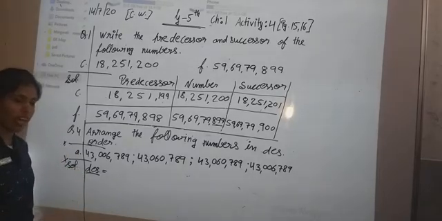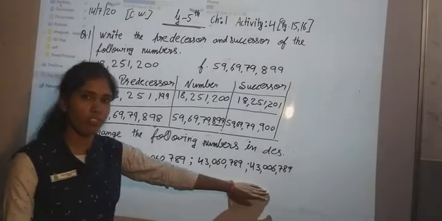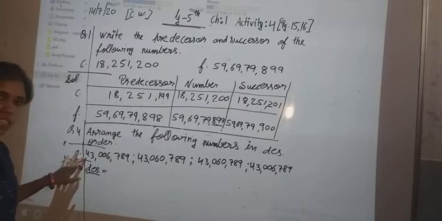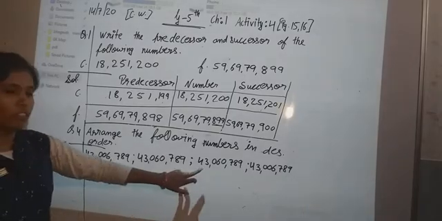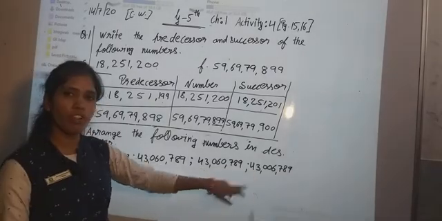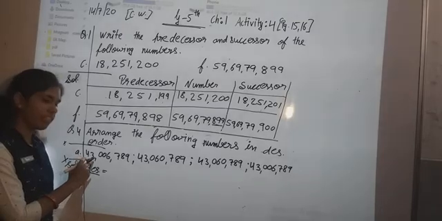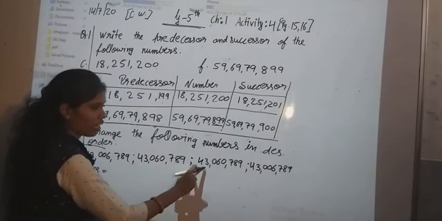Now we write the largest number first, so find the largest number from all the numbers. We will always start from the largest place. We have 4, 4, 4 and 4. All are equal, so we will come to the next place. We have 3, again 3, again 3.